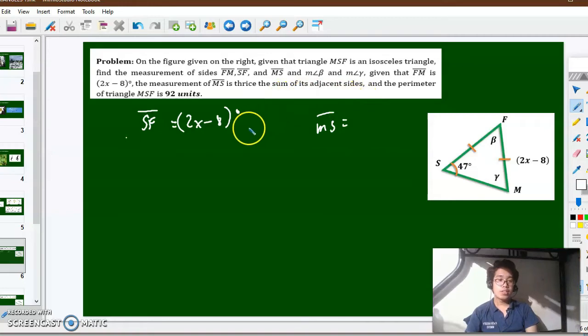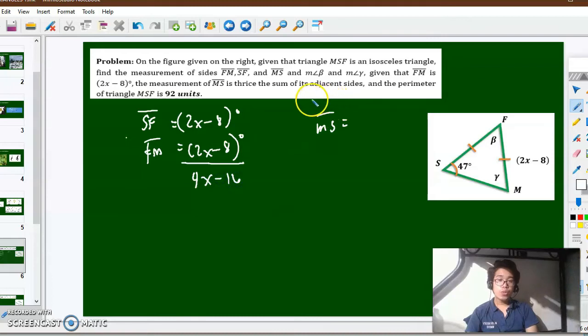So how do we get the sum of its adjacent sides? Since we know that side SF measures 2x minus 8 and side FM also measures 2x minus 8, then we can simply add these two sides. So that's going to be 4x minus 16.